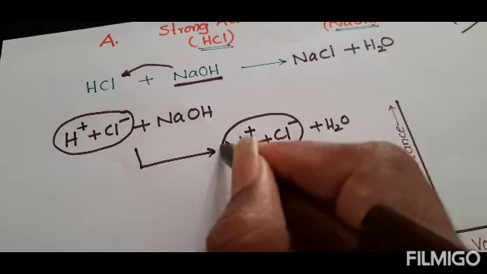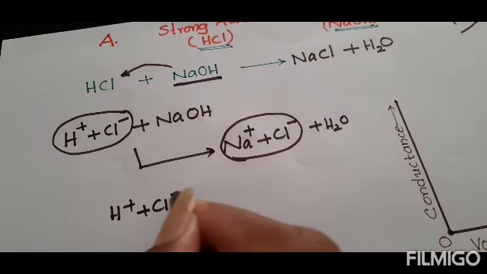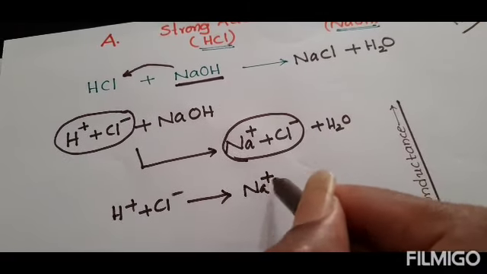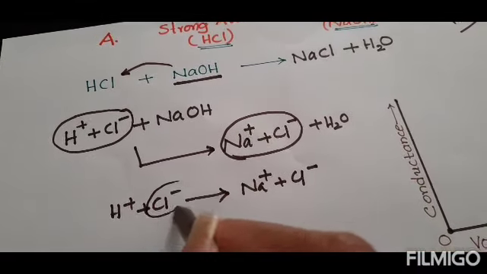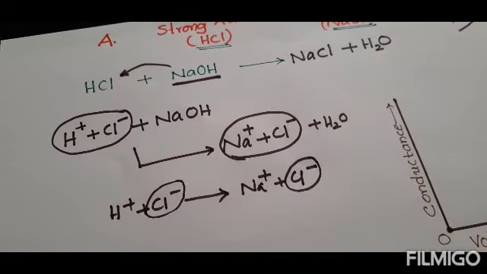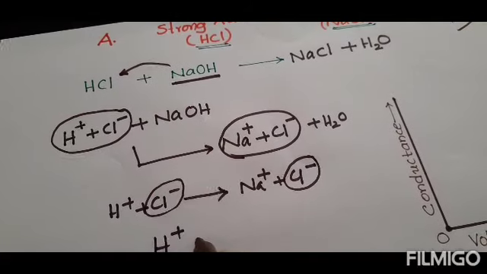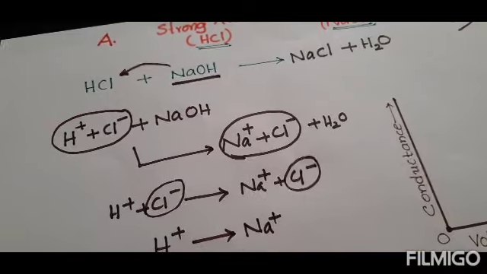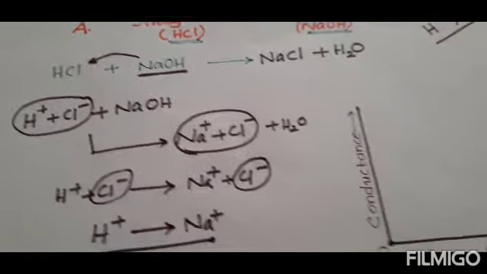If you observe keenly, H plus ion and Cl minus ion in the given system change into Na plus and Cl minus. Cl minus is the spectator ion because before the titration and after the titration it will be there. So finally H plus is replaced by Na plus.